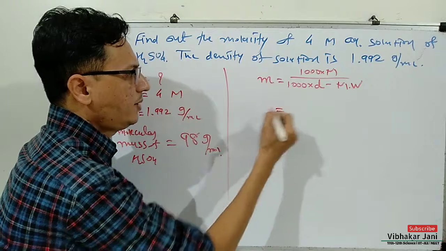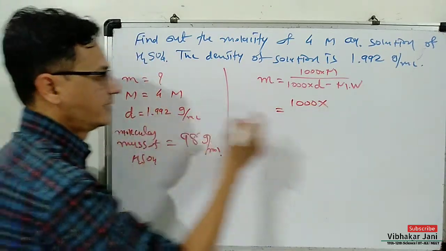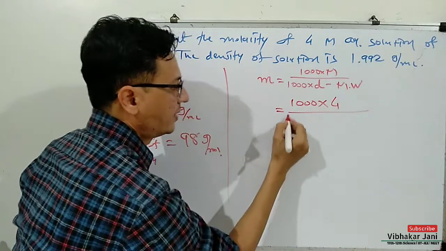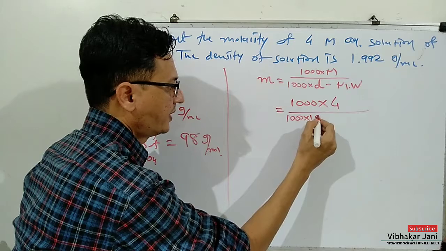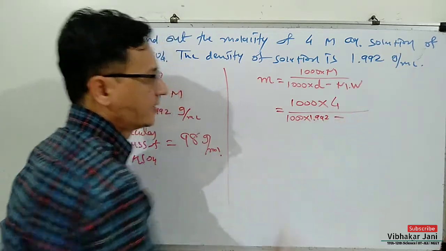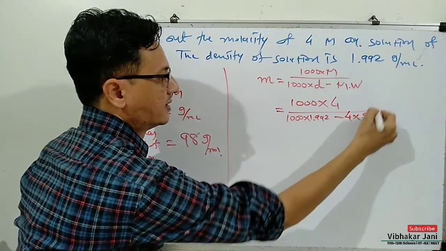So by putting the values, 1000 multiplied by molarity is 4 divided by 1000 multiplied by density is 1.992 minus molarity again 4 and molecular mass is 98.